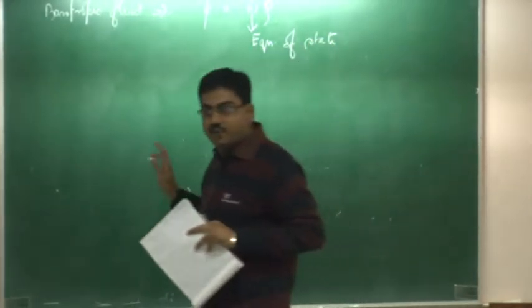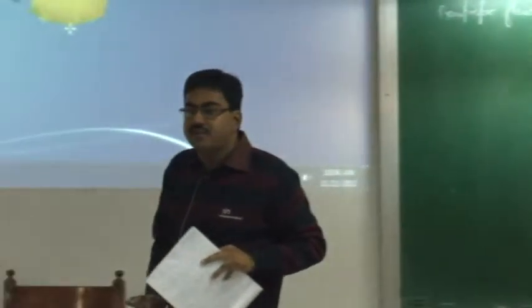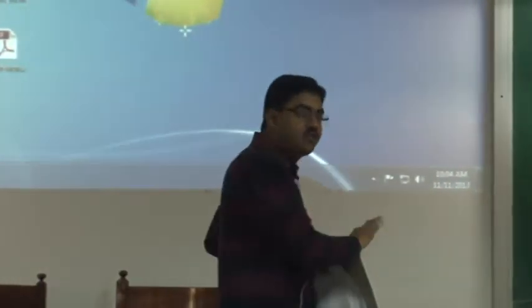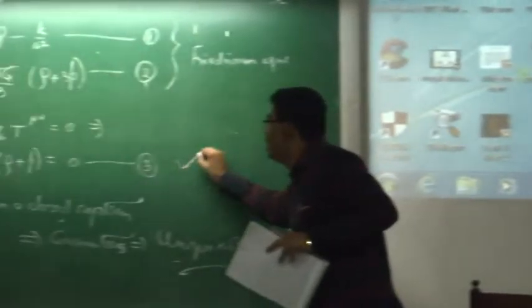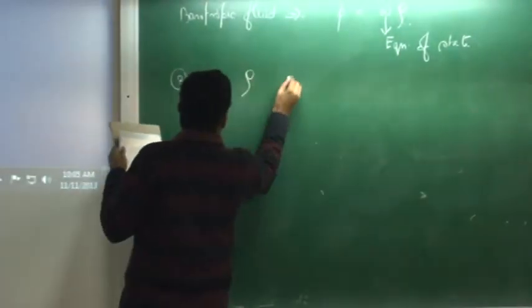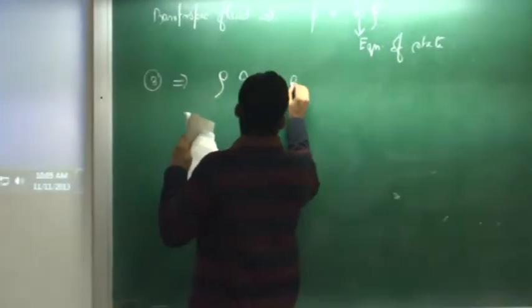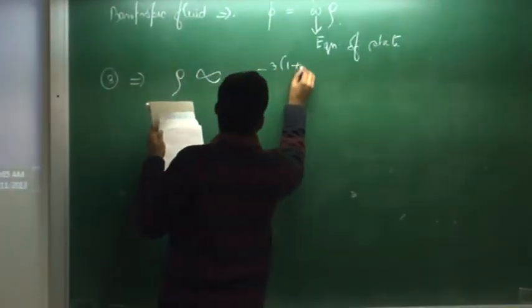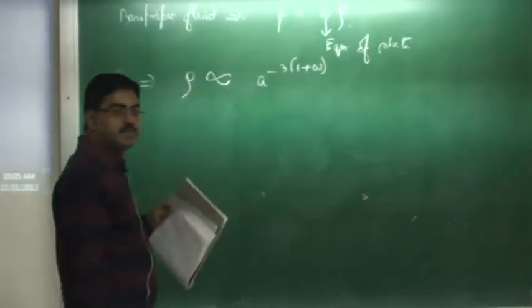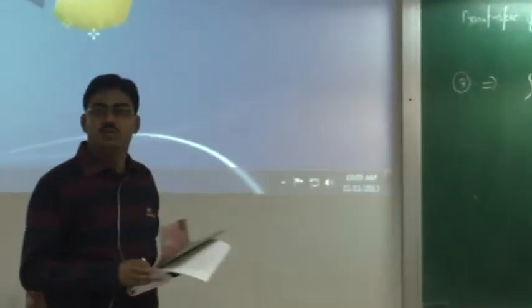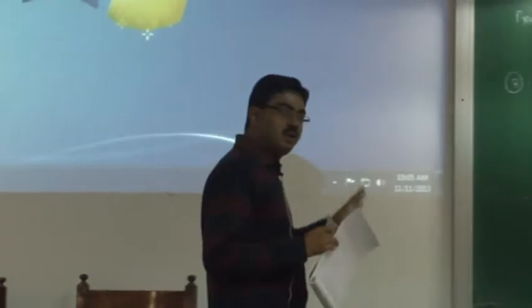For simplicity you can do that, and if you put this value back into your equation number 3, you can readily solve for rho. That's the trick you do, and once you do that, equation number 3 basically gives you rho evolving with the scale factor as a to the power minus 3 into (1 plus omega). I think you have done this part as well.